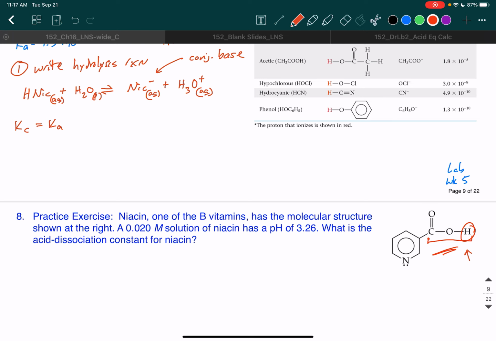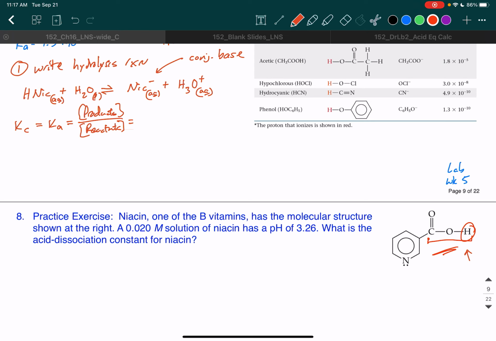Ka for acids, Kb for bases, Ksp, actually we'll learn that for insoluble salts, Kf for metal ligand complexes like we saw last week. There's a bunch of these different ones, but they're all done the same way. Products over reactants, just like in chapter 15.